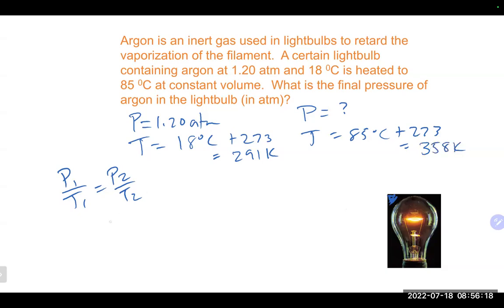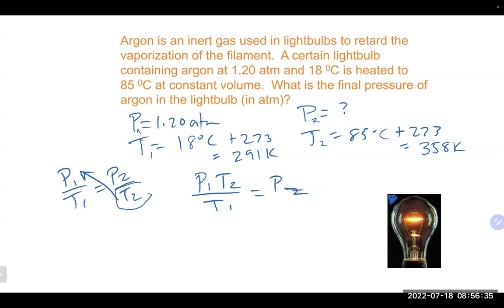At this point, we're good. We're going to solve for P2. So what should that be? Once again, we're going to send this to the opposite location over there, so that will give us P1 T2 over T1 is equal to P2.